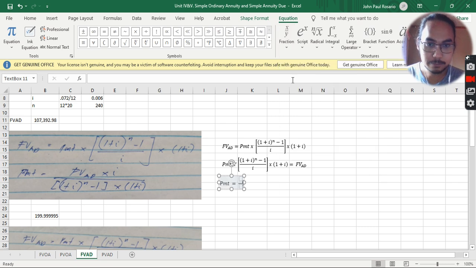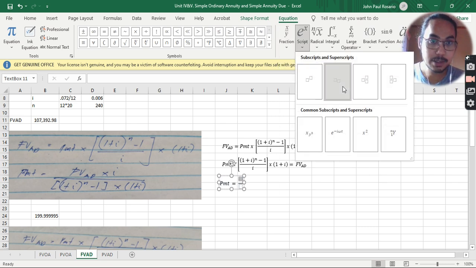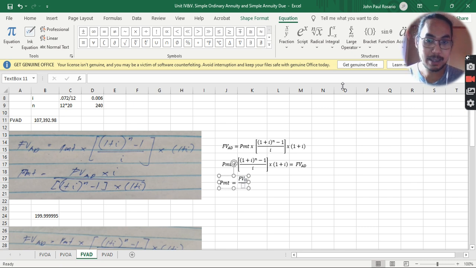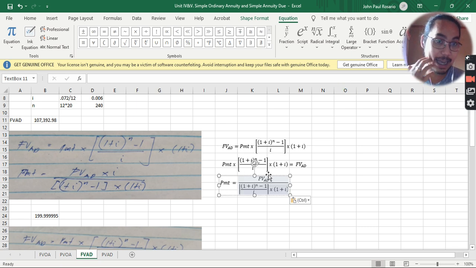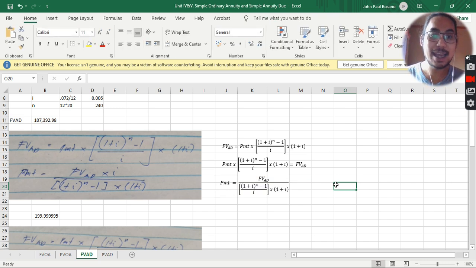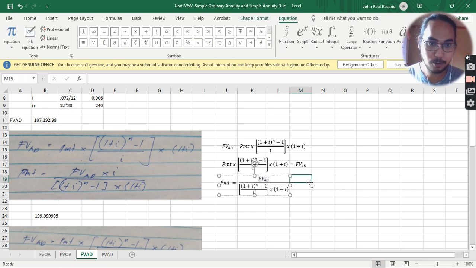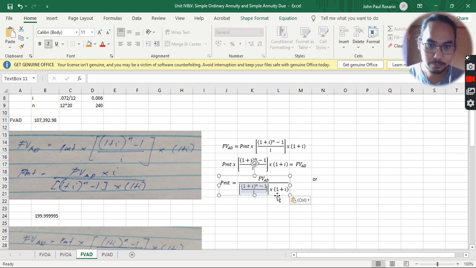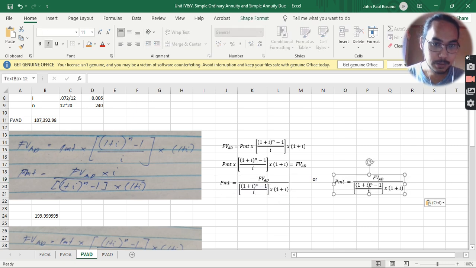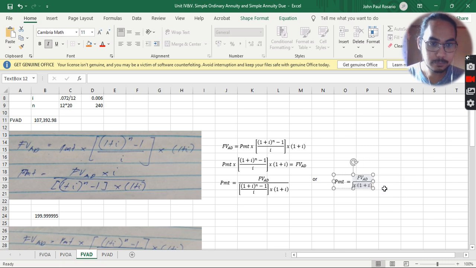The payment is equal to FVAD over this entire expression. But then, since our denominator is in fractional form, we can transfer that additional denominator to the numerator by simply flipping it up, times i.